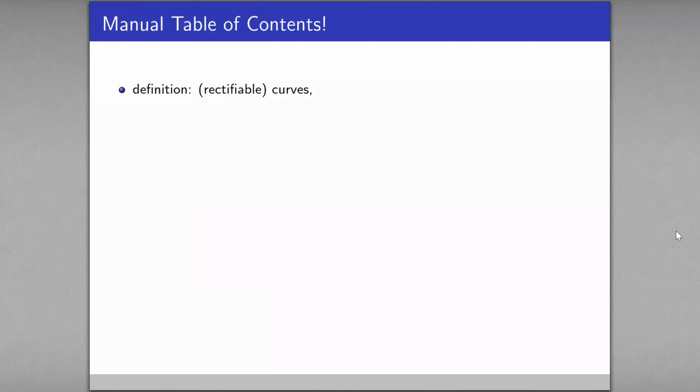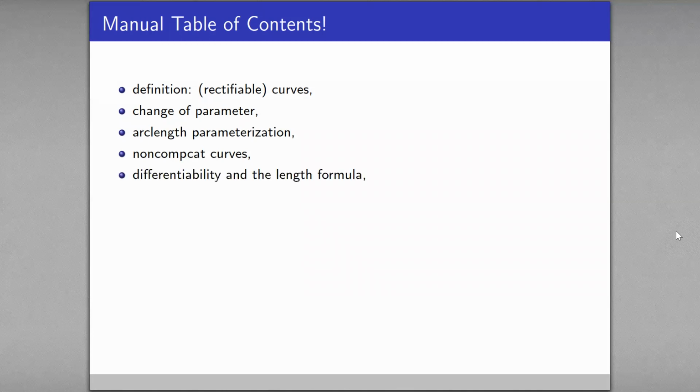Okay, so a quick overview of what to expect. As every book does, we will cover change of parameter and arc length parameterizations. We will talk about curves that are defined on open intervals. And then we will talk about this length formula where you recover the length of a curve by integrating its speed.